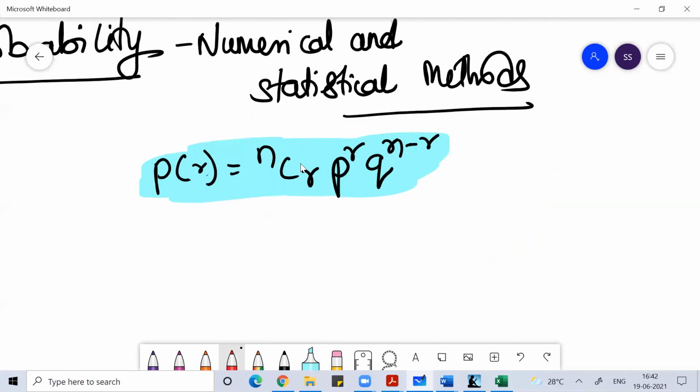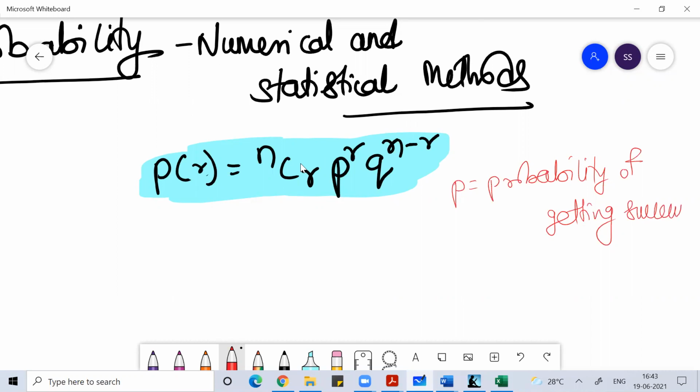So what is here? p is the probability of getting success. While what is q? q is the probability of getting failure.